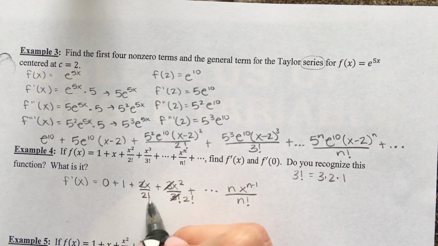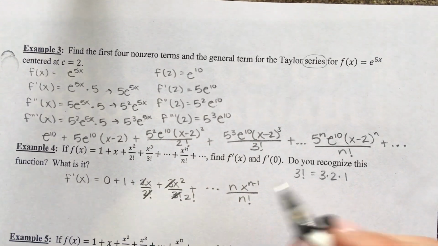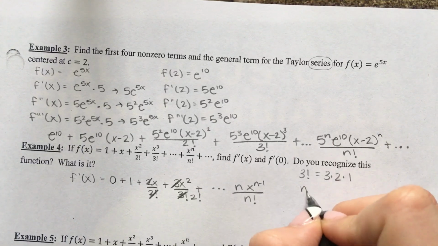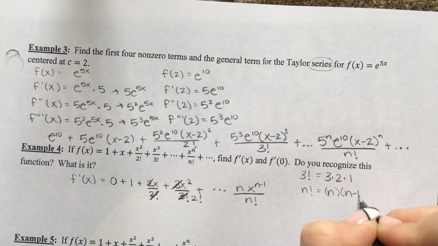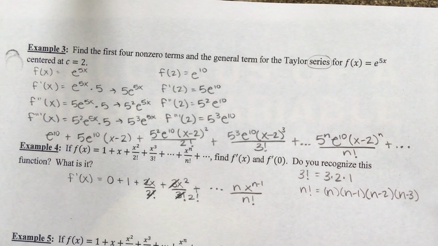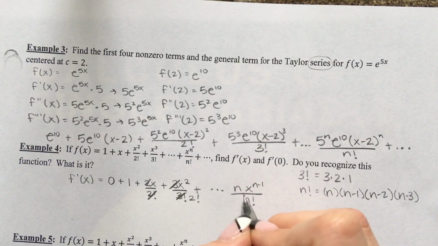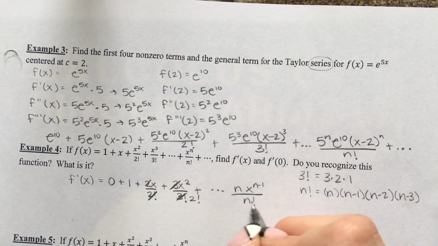If I cancel out 2 with 2 factorial, because 2 and 2 factorial are the same, then I can do that. If I think about n factorial, that would be n times n minus 1 times n minus 2 times n minus 3 all the way down. And so if I cancel n with the n, then that's going to leave n minus 1 factorial.